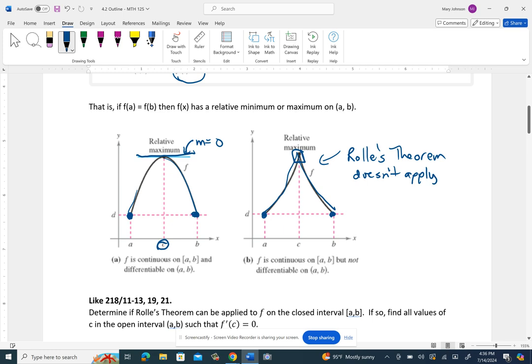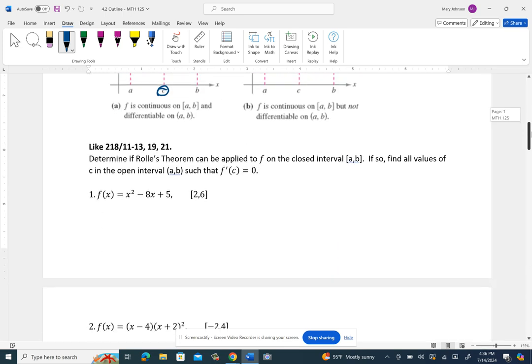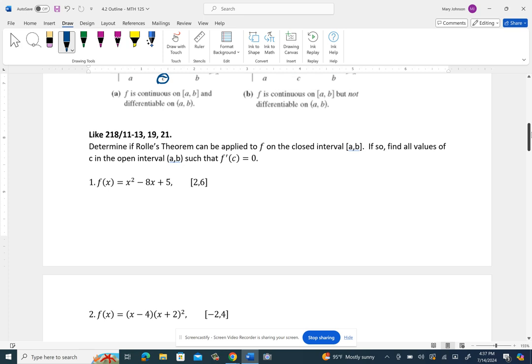Okay. All right, so when you're asked to determine if Rolle's applies and then use it to find any value of C in the open interval that causes the value of the first derivative to be 0 there, be sure to start with whether it can be applied.